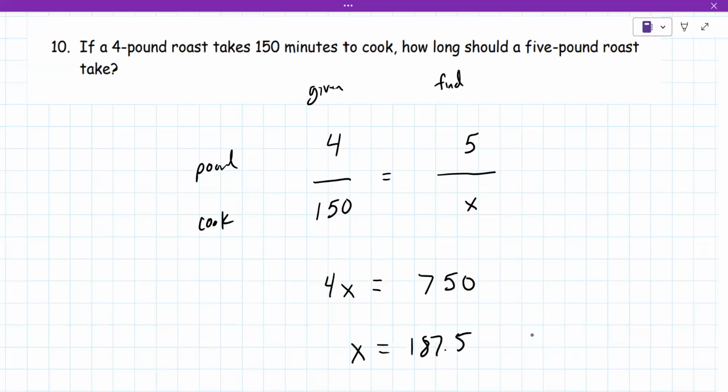So what are the units that go along with that? Minutes. You got it. Very good.